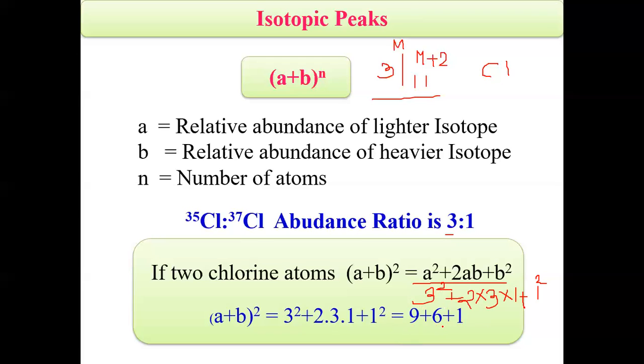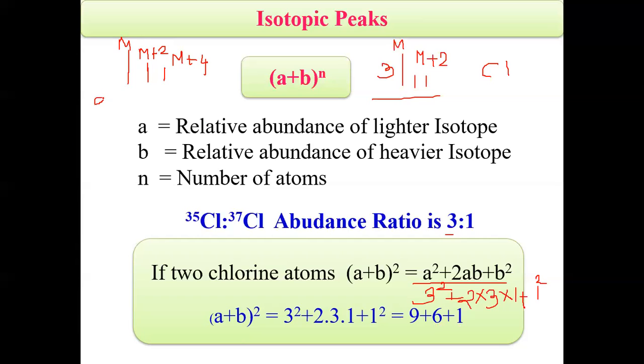So what is this 9:6:1? Now in this case, when there are two chlorine atoms, we will have three isotopic peaks. The three isotopic peaks are separated as M, then M+2, and then the next peak will be M+4. The intensities of these signals will be in the proportion of 9:6:1.